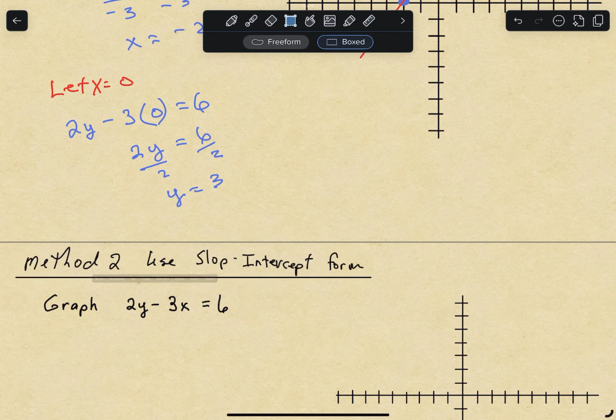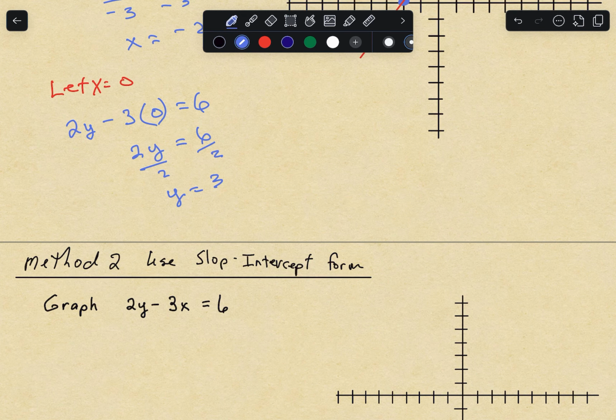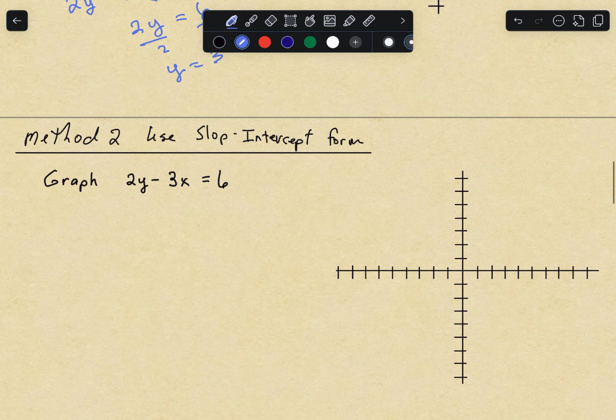We're going to graph the same problem, but it's already written in standard form, so now we have to write it in slope-intercept form. So now what I'm going to have to do is add 3x to both sides.